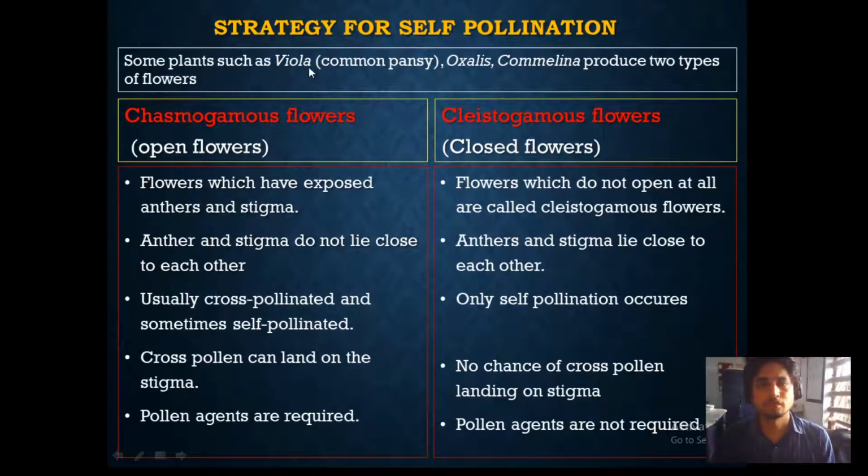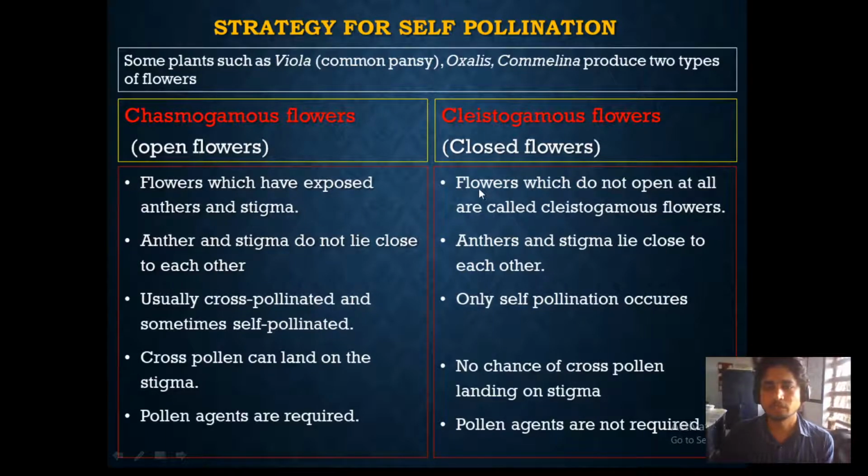Some plants such as viola, oxalis, and commelina are producing two types of flowers. One type is chasmogamous flowers. Another type is cleistogamous flowers. These cleistogamous flowers are closed flowers, whereas these chasmogamous flowers are open flowers. And these chasmogamous flowers are like normal flowers which have the exposed anther and stigma.